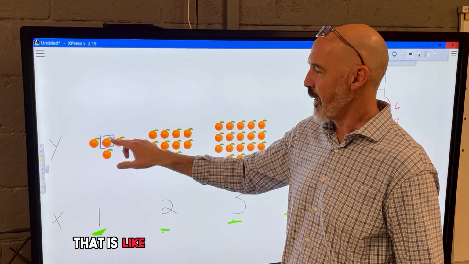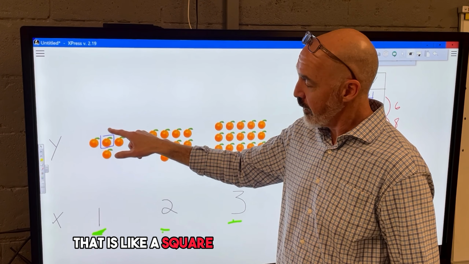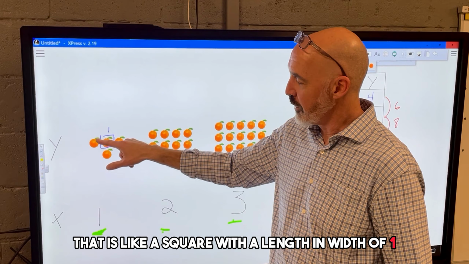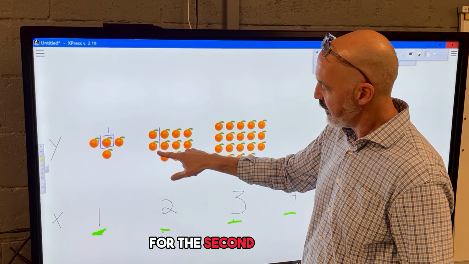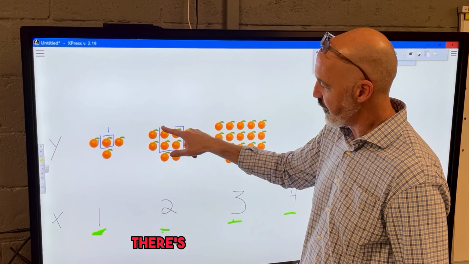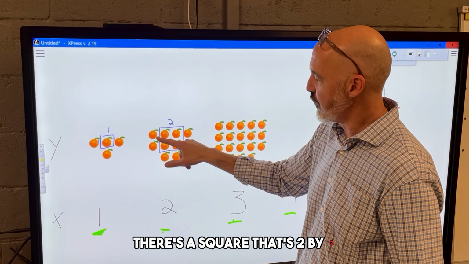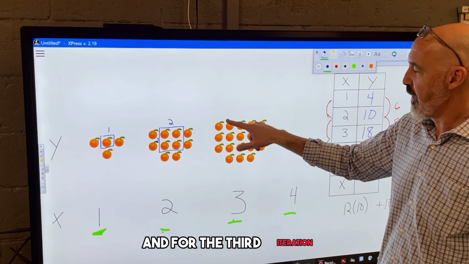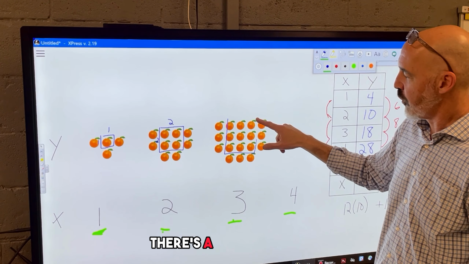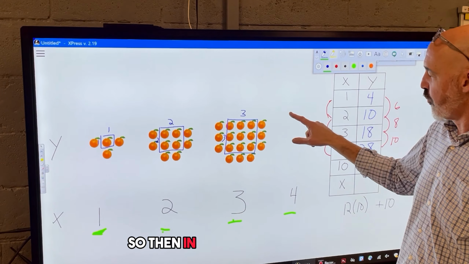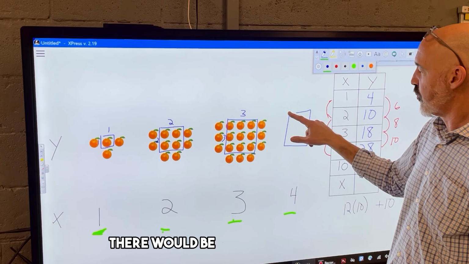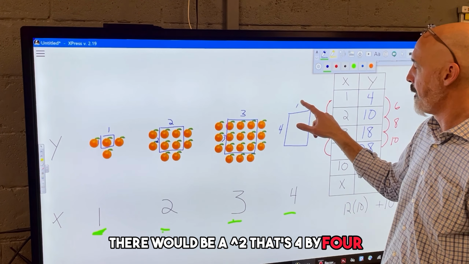That is like a square with a length and width of 1, which is the iteration number. And then in here, for the second iteration, there's a square that's 2 by 2. And for the third iteration, there's a square that's 3 by 3. So then in the fourth iteration, there would be a square that's 4 by 4.